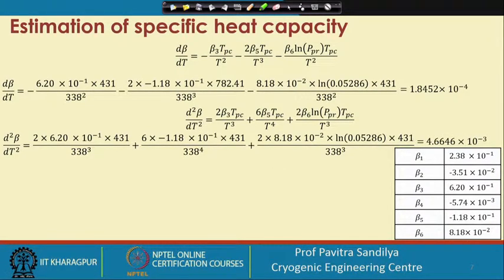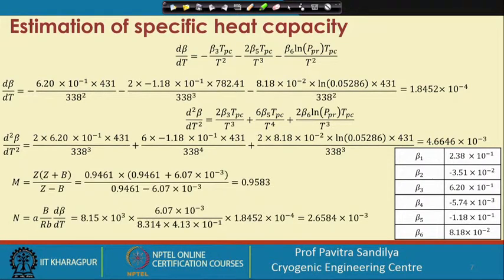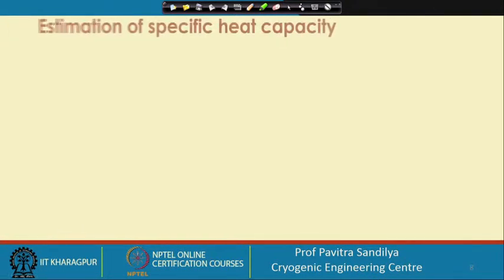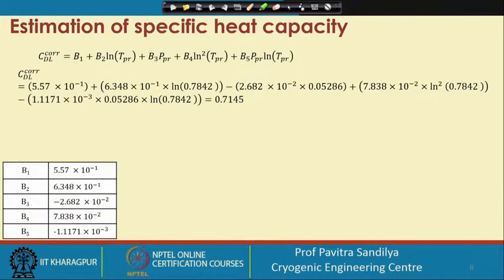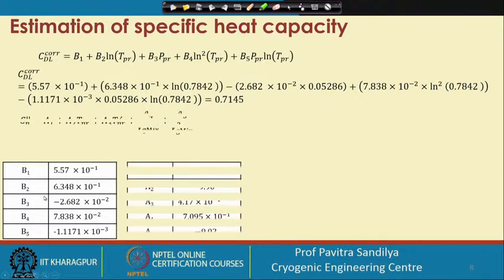So, after getting these derivative values, we go to find out the value of 2 more parameters m and n in terms of this z, and then we come to the expressions for the correction factor. This is given by this expression, and in this expression we have this beta b1, b2, b3, etc., which are taken from this particular table.